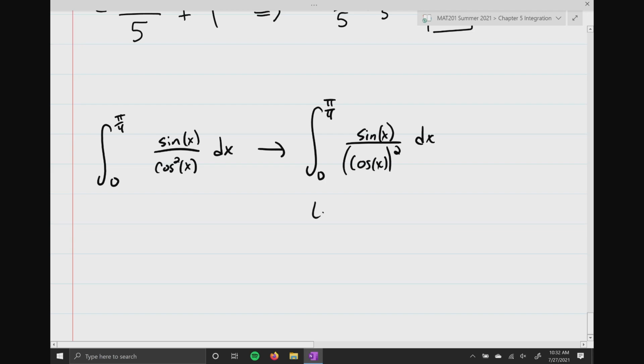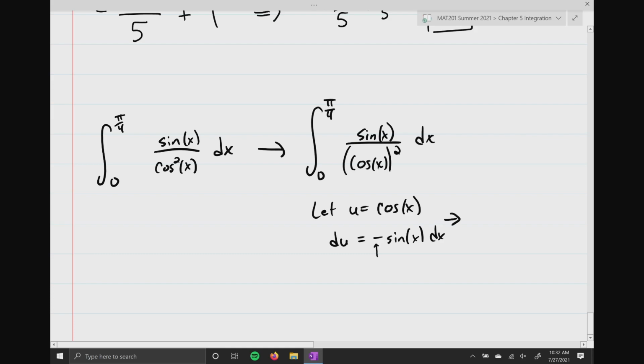So we're going to let u equal cosine x. The derivative of u is going to be negative sine x dx. Now, that negative out front is a constant. It's negative 1.